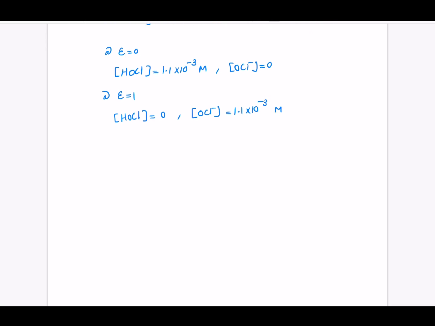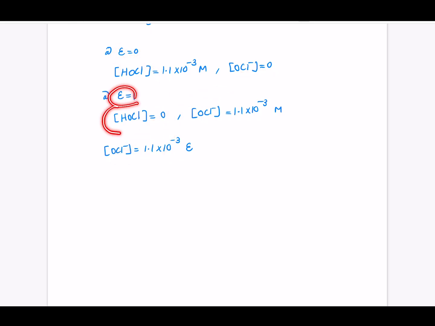So a condition that satisfies these two would be, we can say OCl minus is 1.1 × 10 to the minus 3 times epsilon. Just do this. Epsilon equal to 0, you put it here, this would be 0, which is the case here. Do this one.